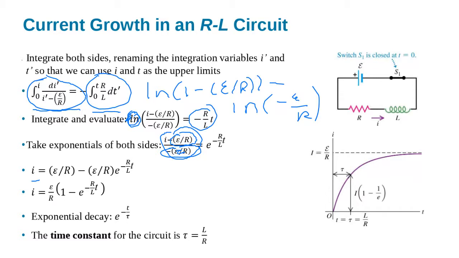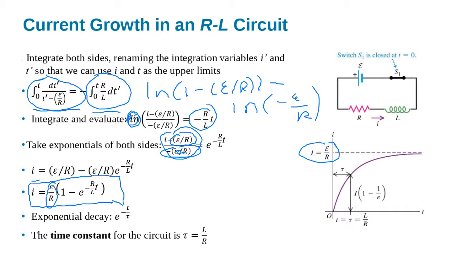If we rearrange this slightly, we come up with our final expression, which describes how the current changes with time. The current I is E over R, which is our final value, multiplied by 1 minus e to the minus R over L times t.